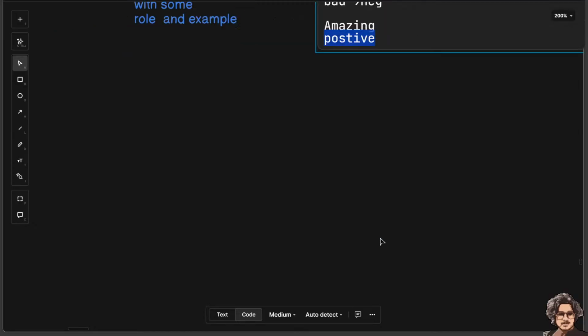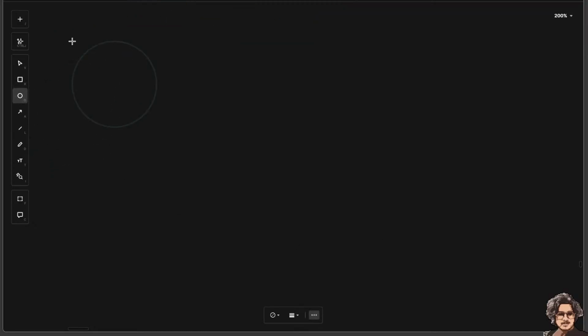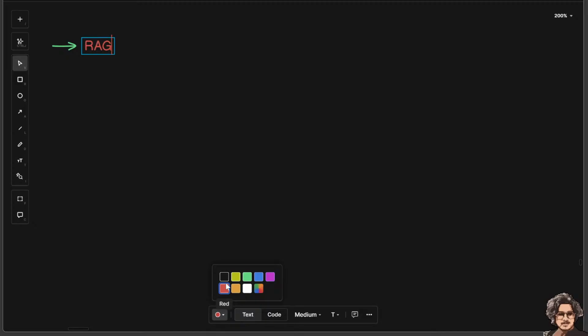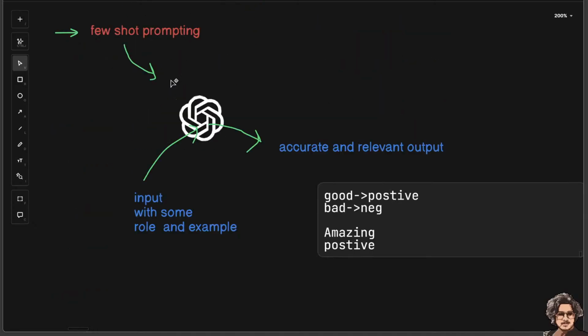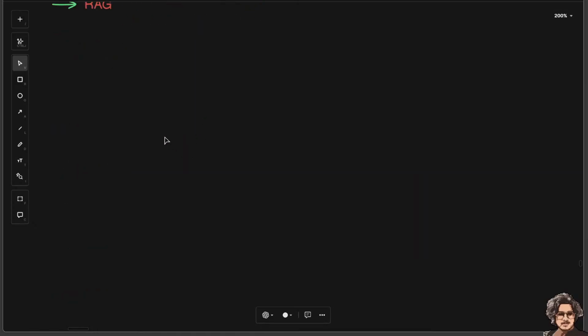We reach another question, that is, what is RAG? RAG means retrieval augmented generation. It is an extremely important question, because LLMs have outdated knowledge. I am taking the example of ChatGPT, or any LLM.